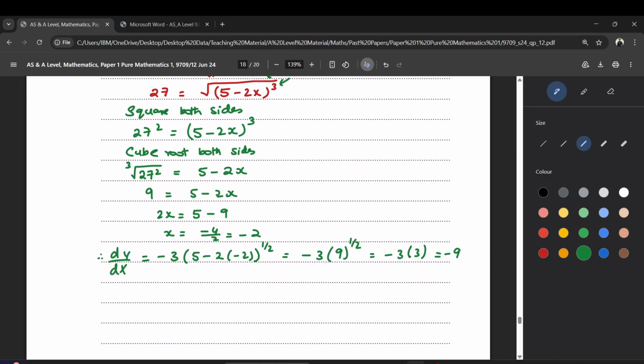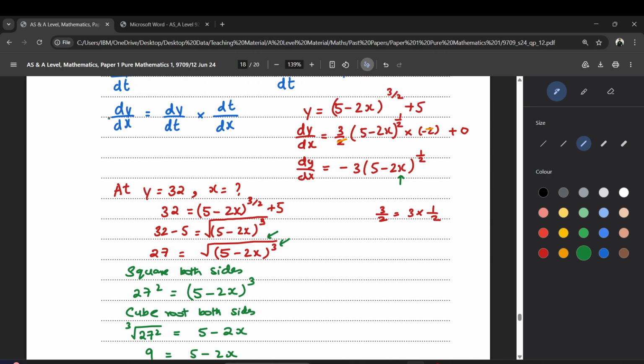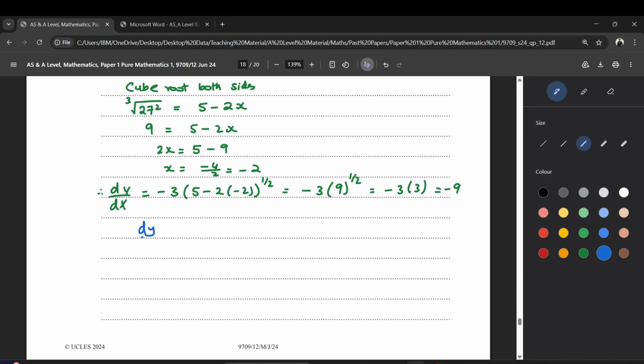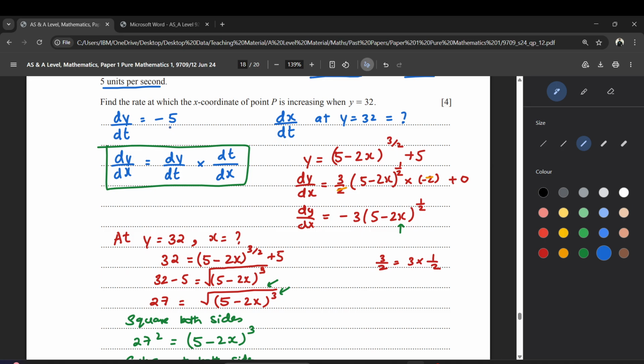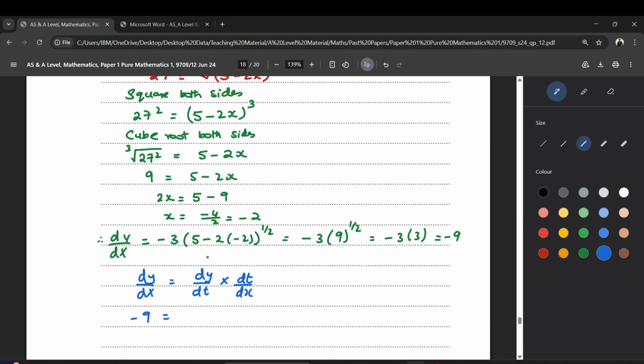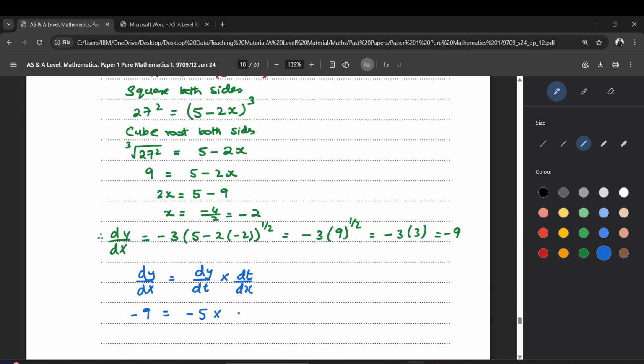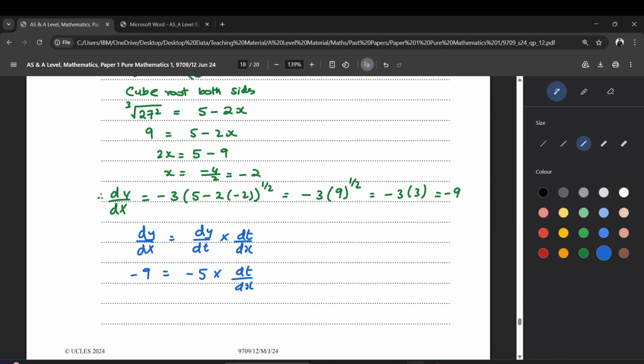Now finally we'll go back to this equation that we formed earlier, this one. dy/dx is equal to dy/dt times dt/dx. This value is minus 9. dy/dt was already given to you at the beginning of the question, which is minus 5, times dt/dx.